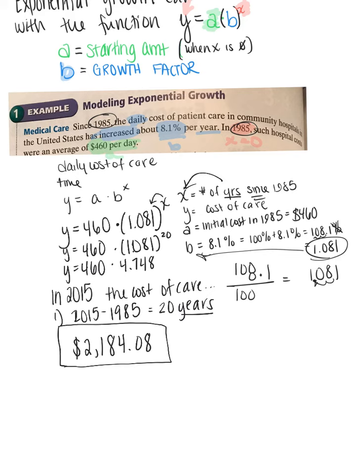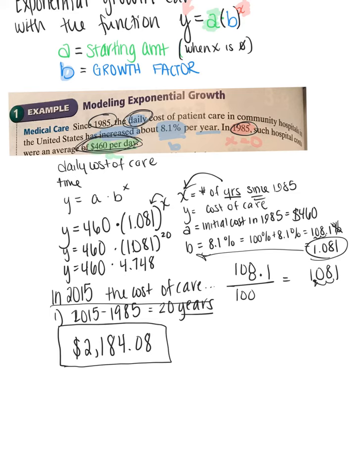Oh my goodness. So if I had to stay in a hospital for an entire day in 2015, it was going to end up costing about $2,184. That's a big change from 1985 when it only cost $460.